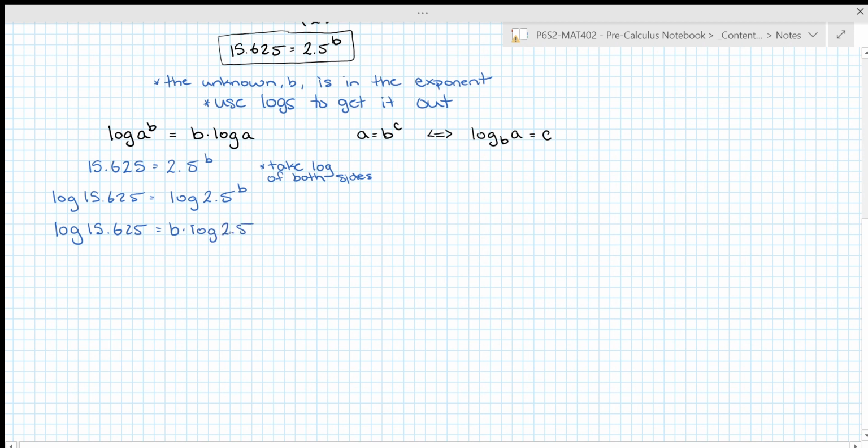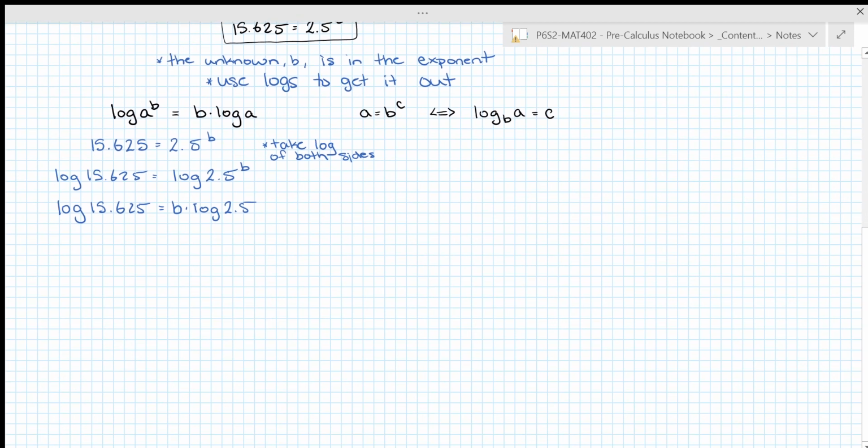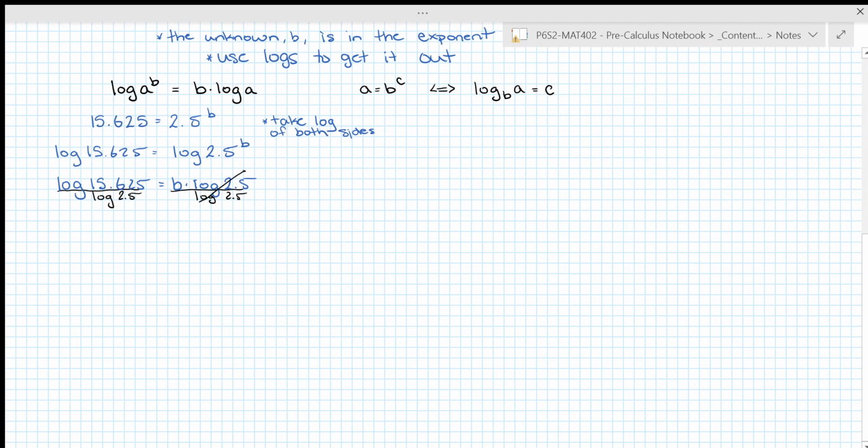And this is just a number. It would just be like saying I had b times 3. How do you undo that multiplication? Now I just divide. So divide both sides by the log of 2.5, and that's going to cancel there, and I'll get b by itself.